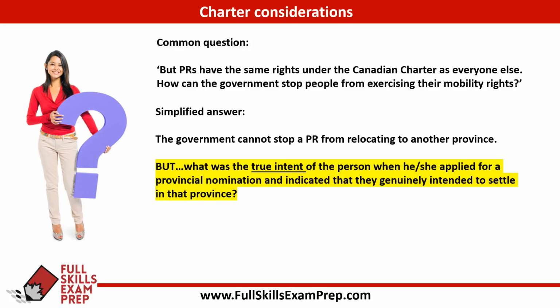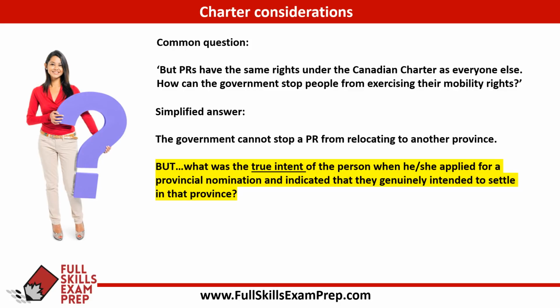And that is, of course, a PR is a PR. Regardless of if that PR came to Canada under a PNP, if the PR came to Canada as a refugee, if the PR came to Canada as maybe a spousal sponsorship, the government cannot stop a PR from relocating to another province, obviously because of their mobility rights.